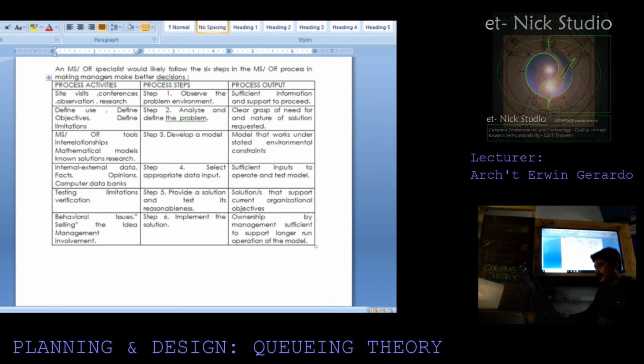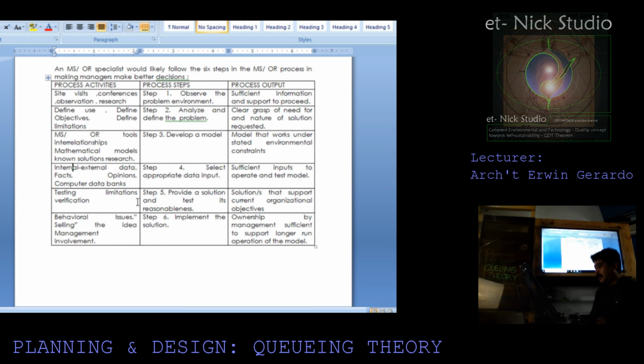Under the process activity, testing the limitations or even verifying it. Under the process steps, step 5, provide the solution and test its reasonableness. So the process output, solutions that support current organizational objectives.